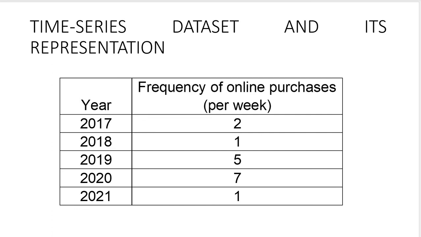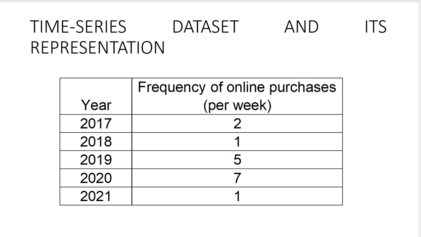So there are 2 purchases per week in 2017 on average, 1 purchase per week on average in 2018, and so on and so forth. Again, if you have time series dataset, this is how you should present your data in Excel spreadsheet in order to make sure that your data can be interpreted properly.